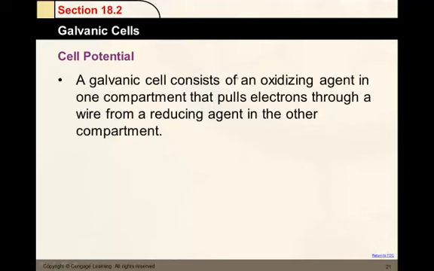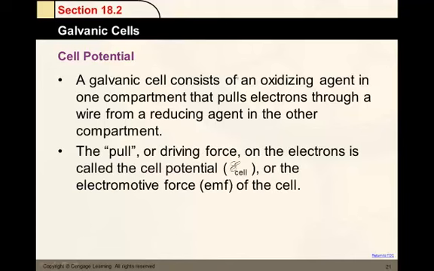A galvanic cell consists of an oxidizing agent in one compartment that pulls electrons through a wire from a reducing agent in the other compartment. It's really the difference in those potentials that causes the electrons to flow. The pull, or the driving force on the electron, is called the cell potential, or E cell, or sometimes it's called electromotive force, or EMF.